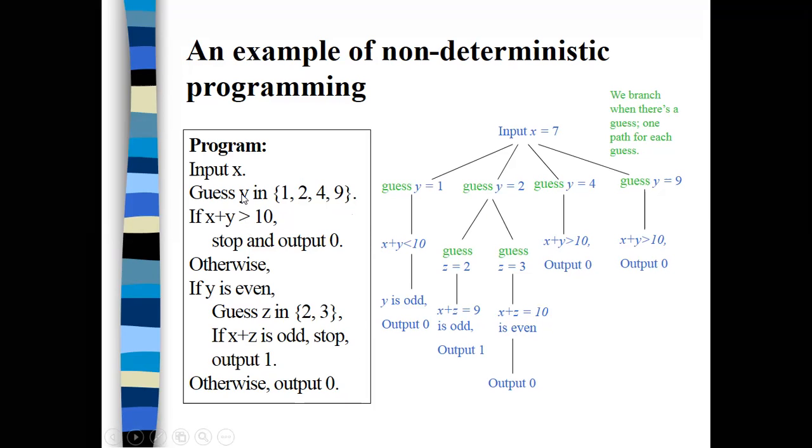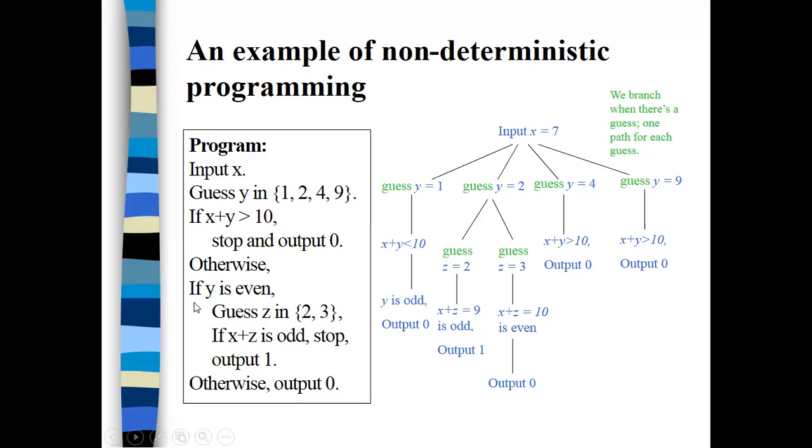In actuality, the value of x depends on the user. Then we have to check the given value against these four numbers, and if the addition of x and y is greater than 10, then we have to stop the program and give 0.